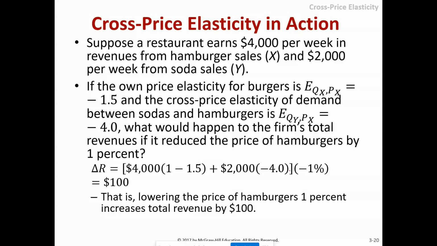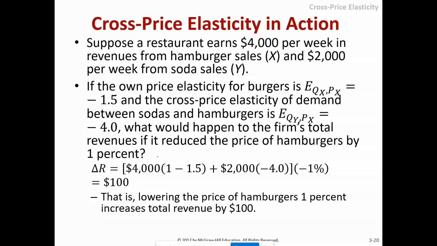The whole thing, the big bracket, after summation, the big bracket is multiplied by negative 1%. And the answer is total revenue increases by $100. So lowering the price of hamburger by 1% will increase total revenue by $100.